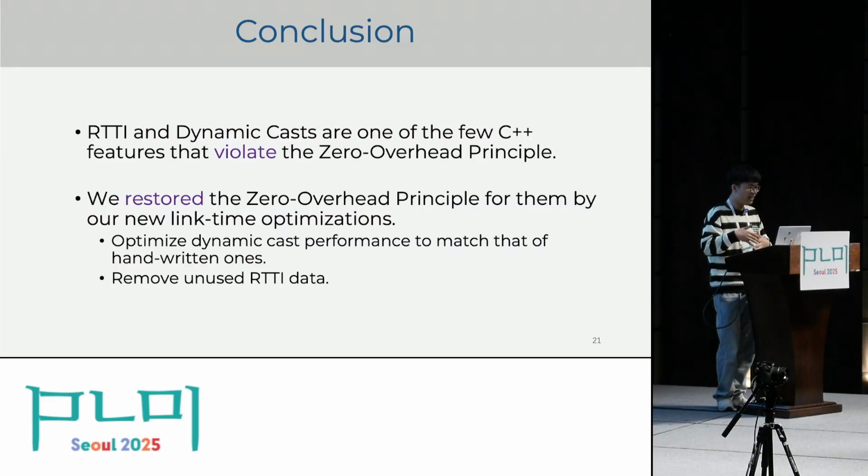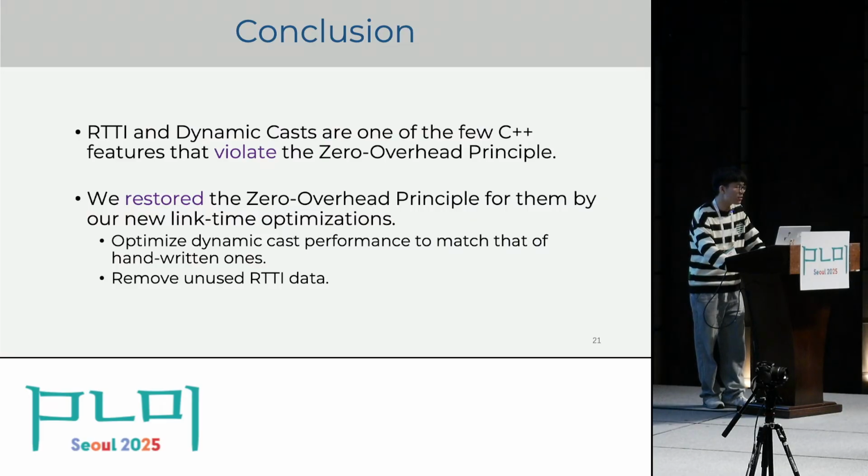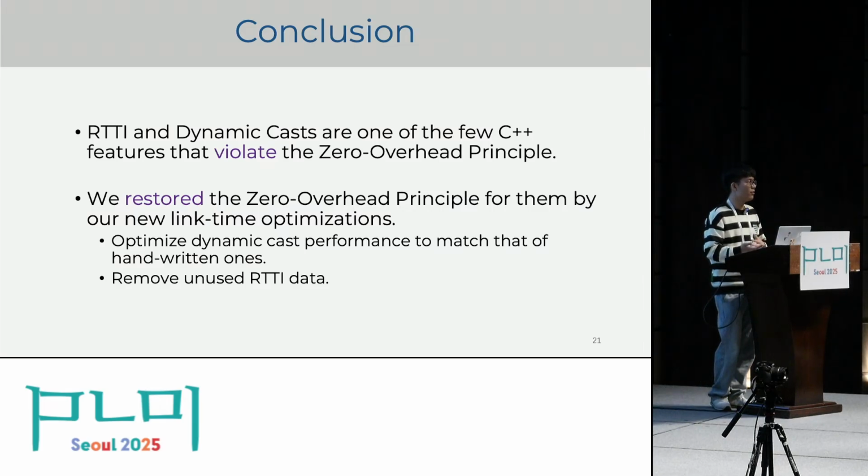For one, we optimize dynamic cast performance to match that of handwritten ones. And we also get rid of the unused RTTI data, so now you are not paying for space you don't even use. It's a step toward making C++ safer and faster, without sacrificing the power it gives developers.